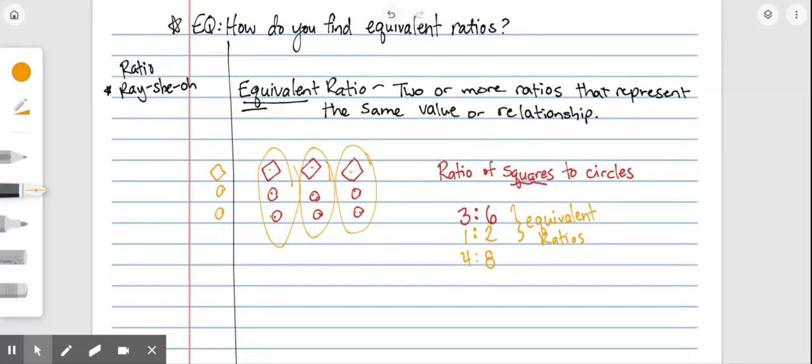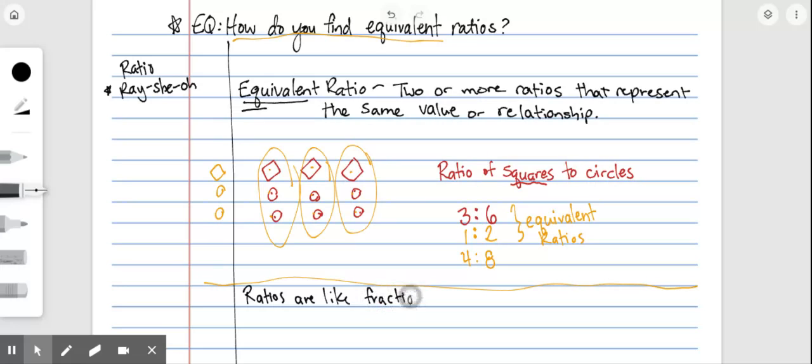So the question that we have now is, how do you find those equivalent ratios? Now, you might have already thought this, and if you haven't, that's totally fine. But maybe you're thinking, hey, ratios are like fractions.